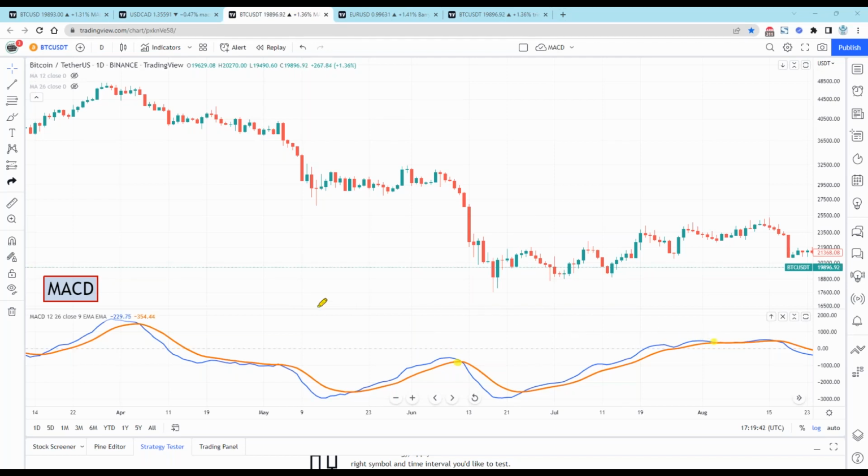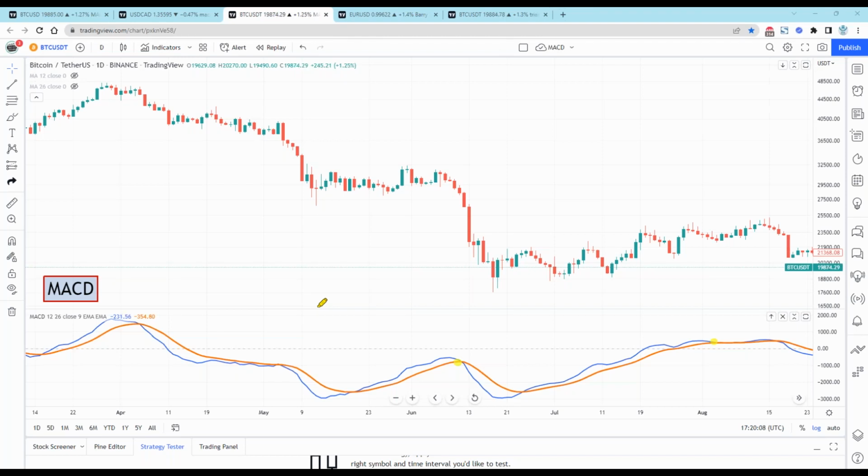Now, keep in mind that when we say buy or sell signals, I'd like to take those words and throw them in the trash can. When they cross over, we get an alert that there might be a potential for buying, or an alert that there might be a potential for selling.